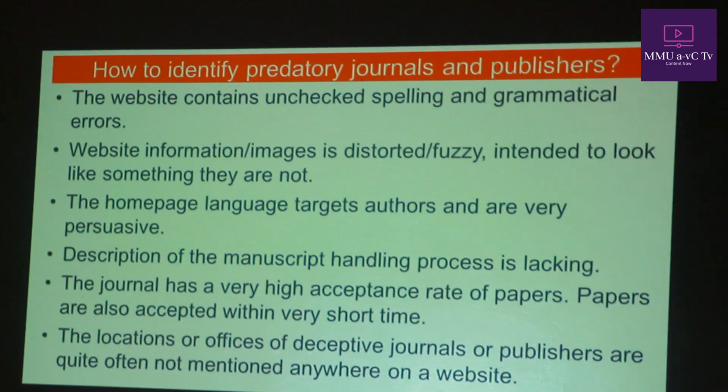For example, they will advertise themselves. They will tell you about the time they will take to publish. They will show you that once you submit your article, it will be published within a short time, maybe within a week or less. They are trying to appear so persuasive so that you can publish with them.